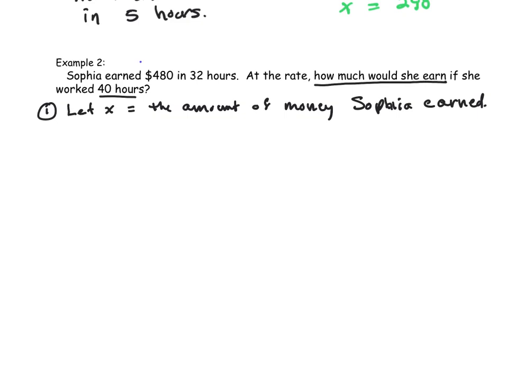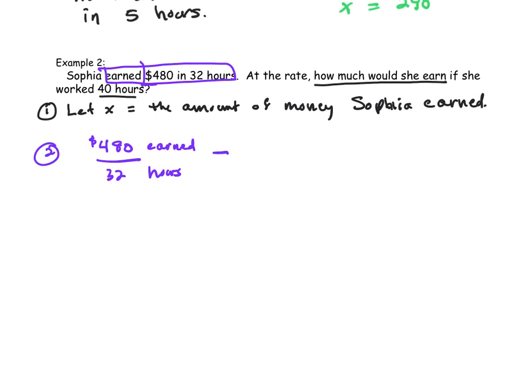So there's important information that they told us. Whoops, I wanted this word earn too. So Sophia earned $480 in 32 hours. So that very first bit of information gave us our ratio, $480. So this is money, or we could say it's the amount that she earned, over 32 hours.